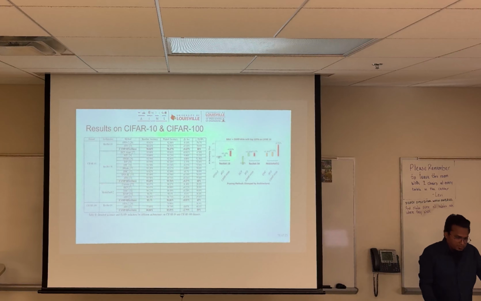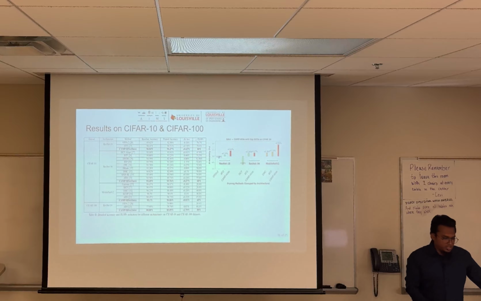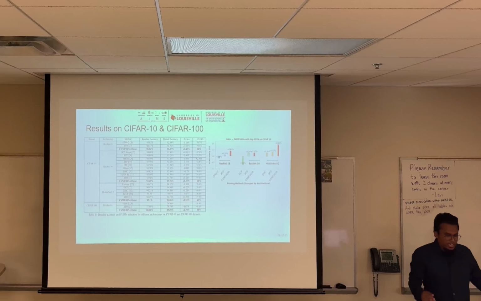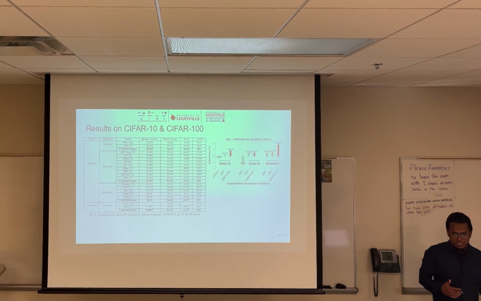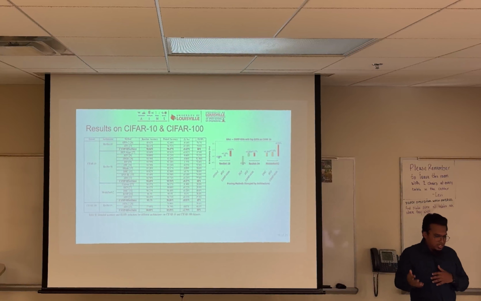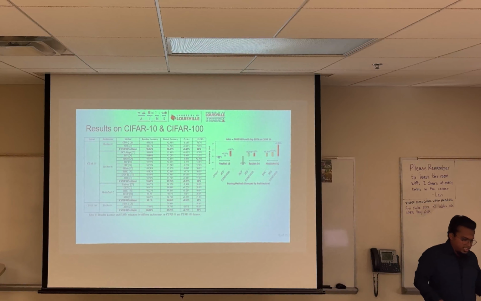And in MobileNetV2, we achieved 0.93% delta accuracy. The nearest one achieved 0.33%. So you can see that for all the models on the CIFAR-10 dataset, our method exceeds all the other state-of-the-art results.